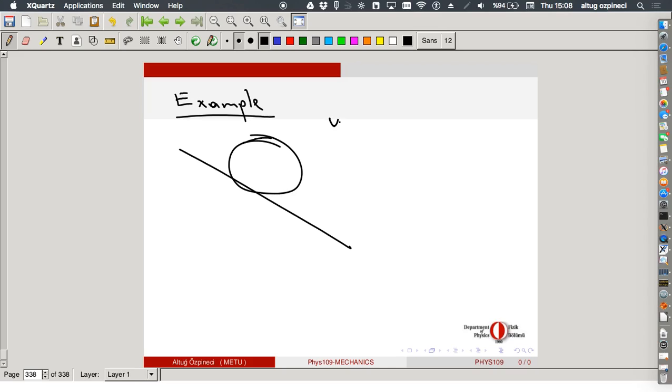At that moment, let's assume that it is rotating with an angular velocity omega. It doesn't even need to be a ring, just an arbitrary shaped object rolling down without slipping. So we said that at this instant, this point is at rest. So what is the kinetic energy of my object as a whole?